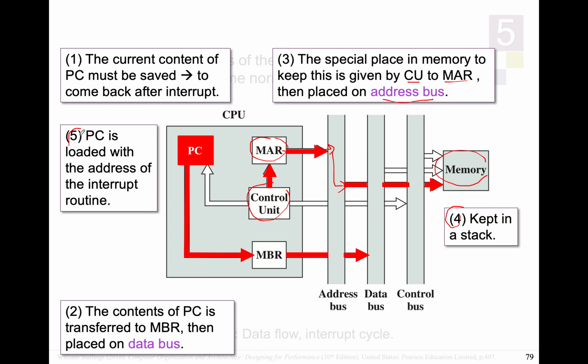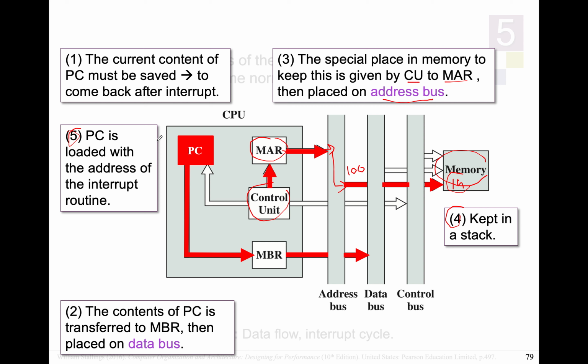Fifth, the PC is loaded with the address of the interrupt routine. Let's say now it's at the address of 100, and you have the value of 1 hexadecimal stored inside your memory.